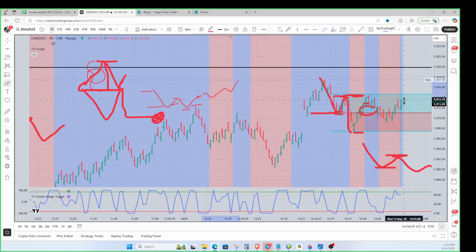So this isn't really a great place to be trading. But if you were trading right here, when you have a blue background, you're doing these retracement lines from the swing low to the swing high.